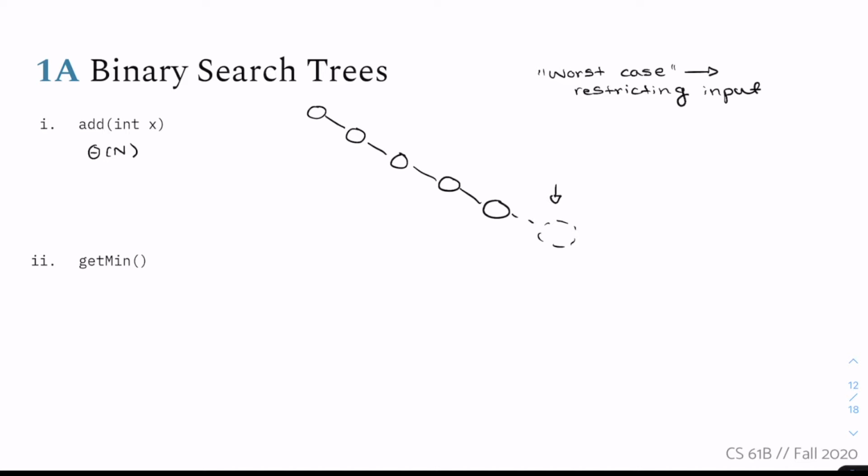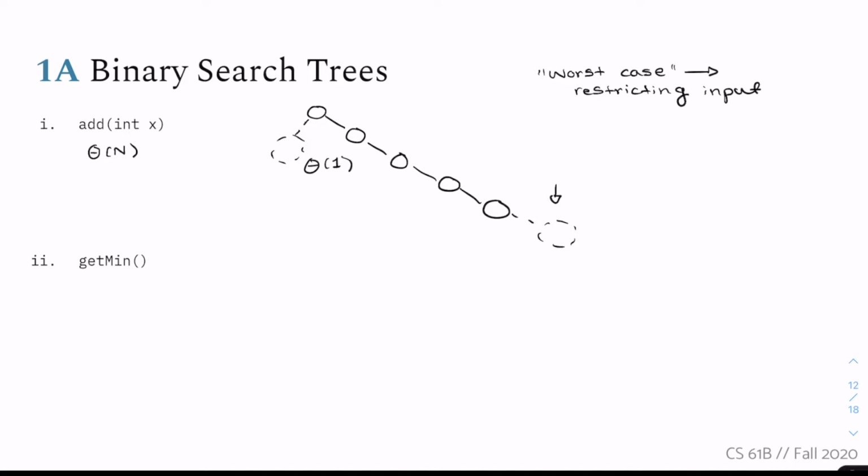If I said upper bound, however, I would want you to give an upper bound over all inputs. And since the lower bound over all inputs and the upper bound over all inputs isn't the same value, because think about it. In this case, what if you wanted to add it here, right? No matter how many items n you have, if you wanted to add it on this side, then you're basically set. It's only going to be theta 1. So if I wanted you to upper bound it, you would have to use O of n. And then if I wanted you to lower bound it, you would have to use omega of n.